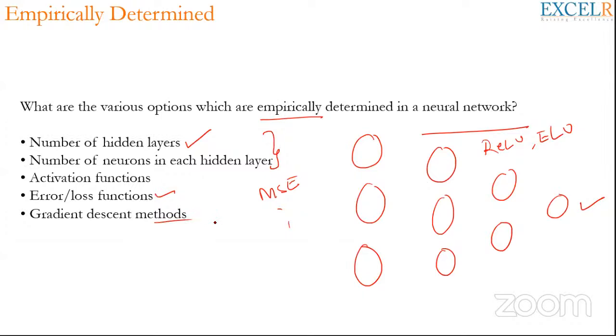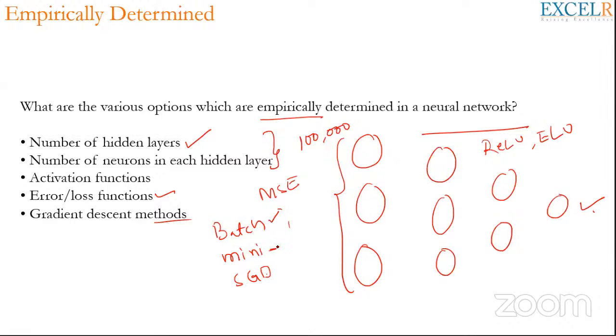And gradient descent method. We have different gradient descent methods. The variants are batch, mini batch, and stochastic gradient descent. Batch gradient descent is where all the data points are sent through the network at once. If you have 1 lakh data points, all of them are sent to the network so that the network can compute the error, then back propagation, and update the weights.